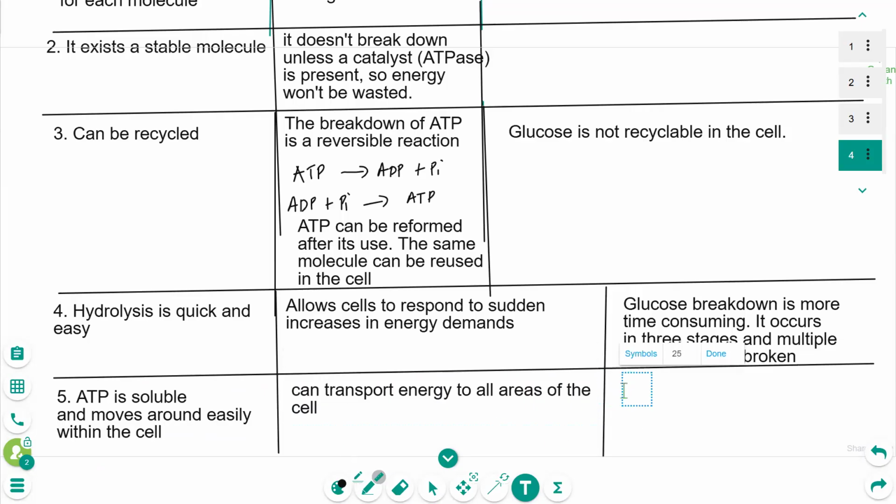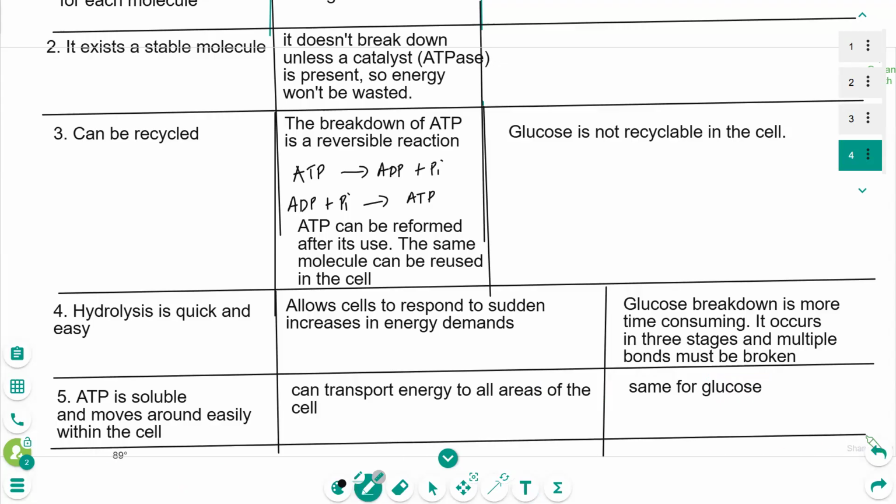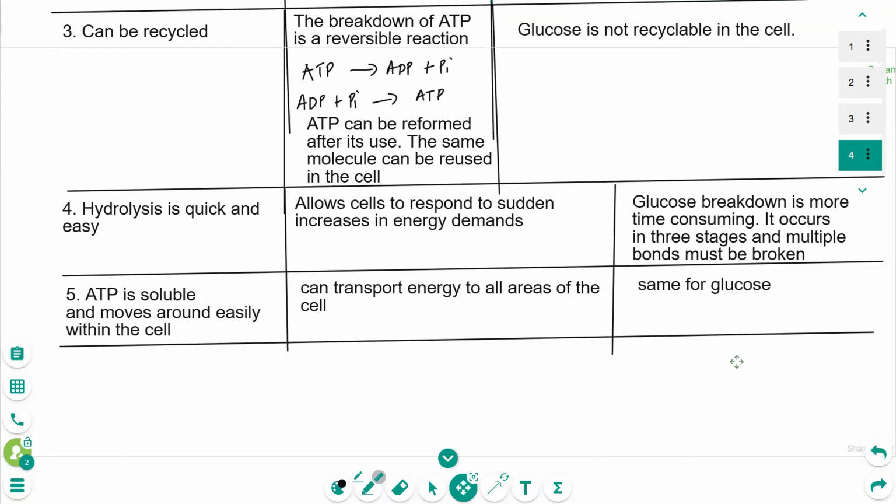And to glucose's credit, it is also a soluble molecule that could go anywhere in the cell as well. So that's a feature that glucose has, which matches up with ATP.